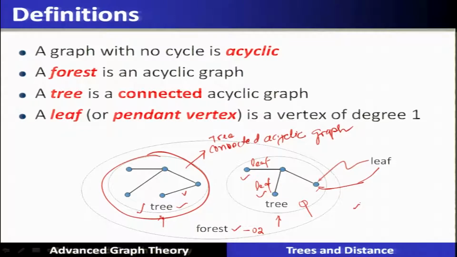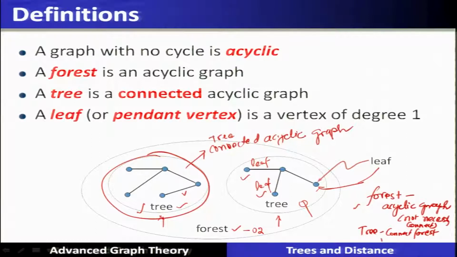So, we have seen three definitions. One is the forest. The property is that it is basically an acyclic graph, which is not necessarily connected. Now, a tree is a connected forest.